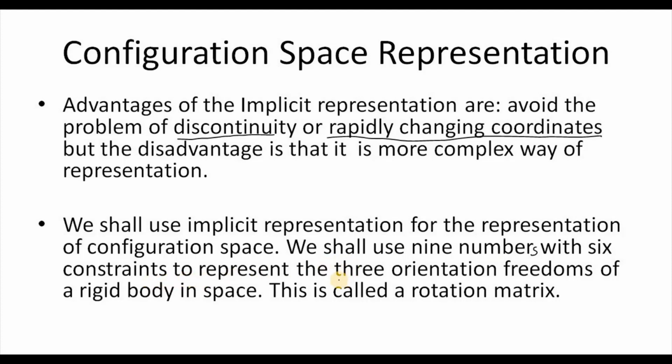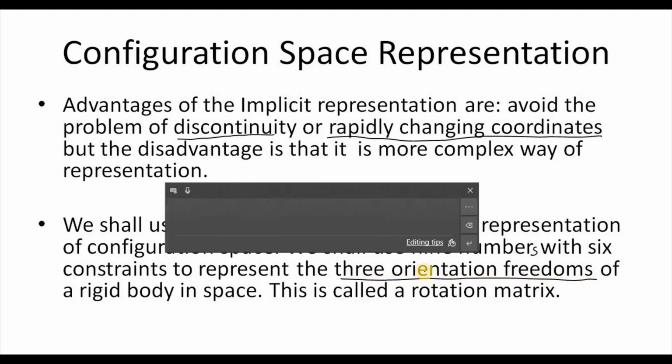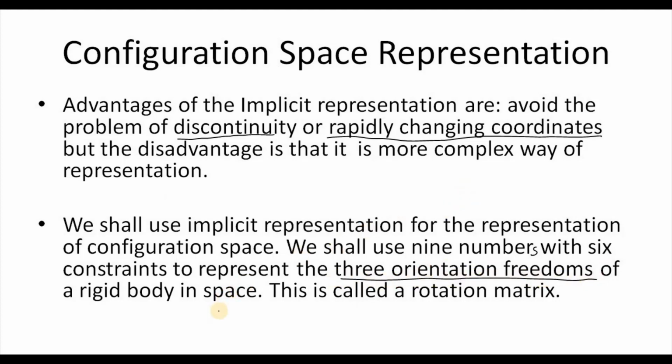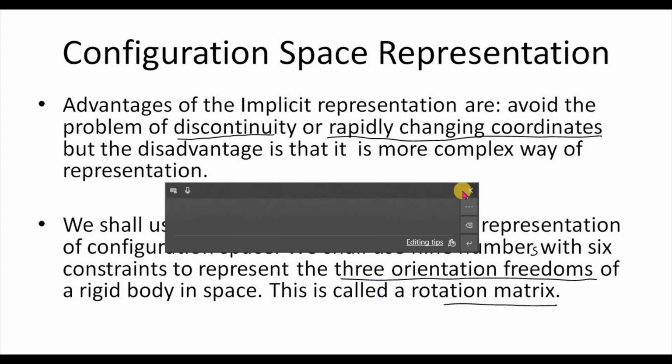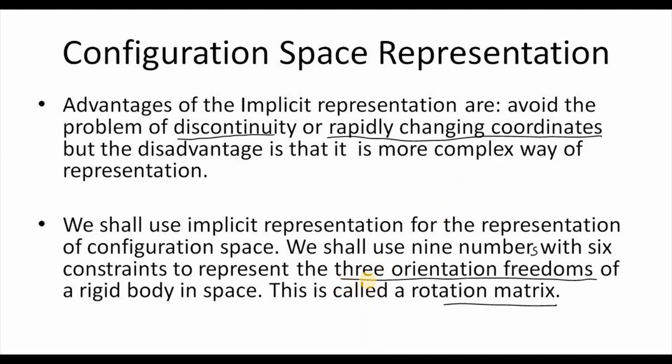Our goal is to represent the 3 degrees of freedom of rotation of a rigid body, and this is called a rotation matrix. It will be a 3 by 3 matrix in which we are representing 3 rotations along 3 different axes. We shall study more about rotation matrices in the next lecture.